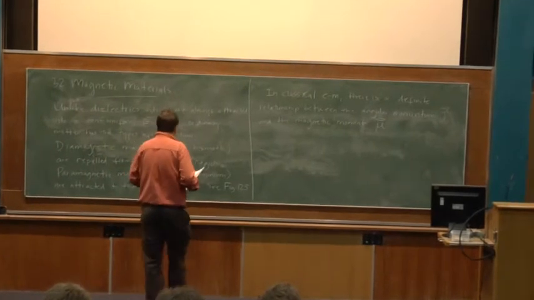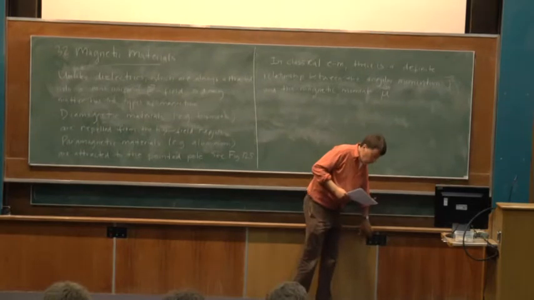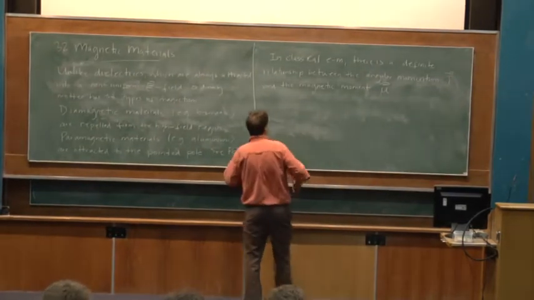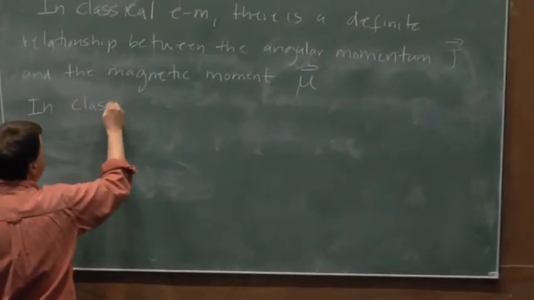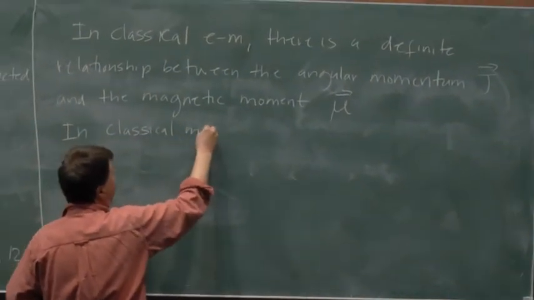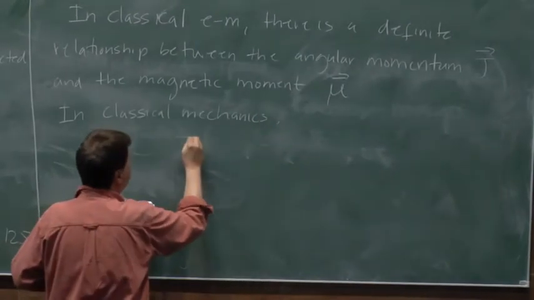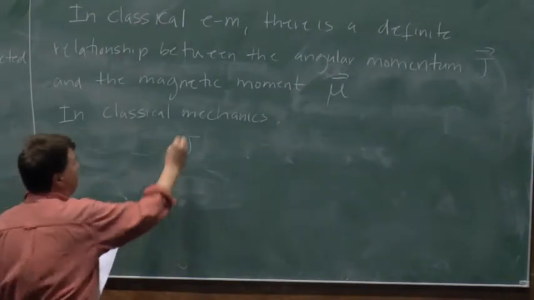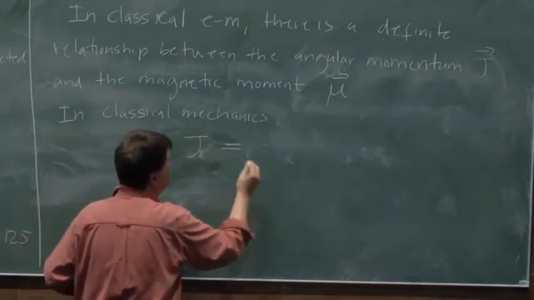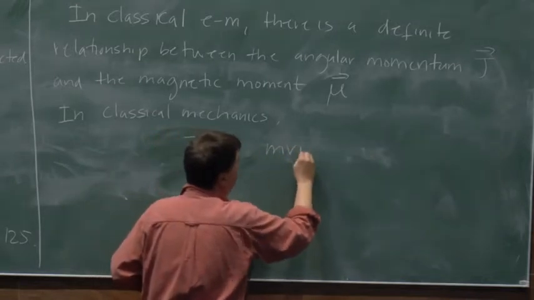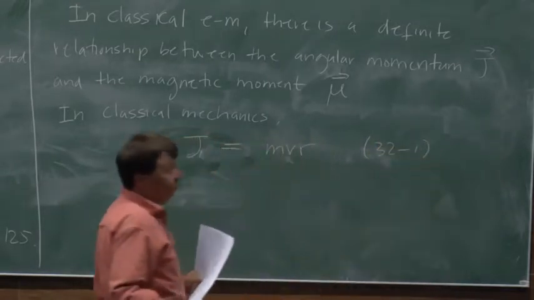So the analogy, once you've got that, we have, so in classical mechanics, just to emphasize that this calculation is classical, we have J, the magnitude. Again, strictly speaking, I should write the magnitude, but I'm just going to abbreviate the magnitude to J. We know where the directions are. This is equal to mvr.